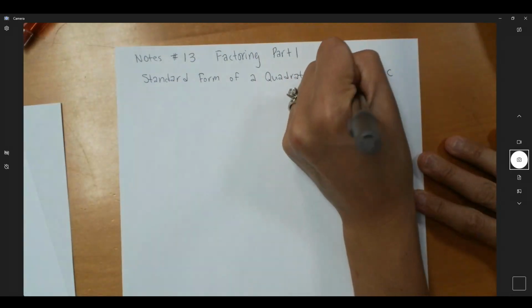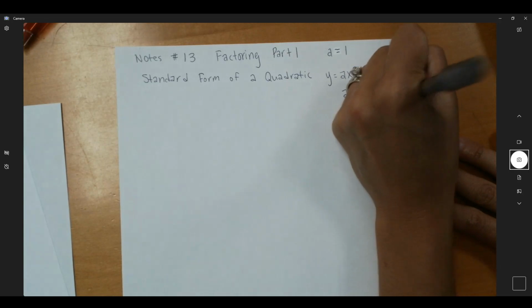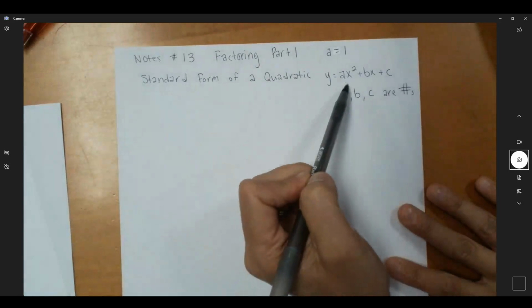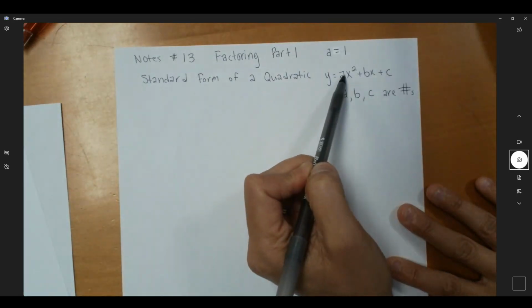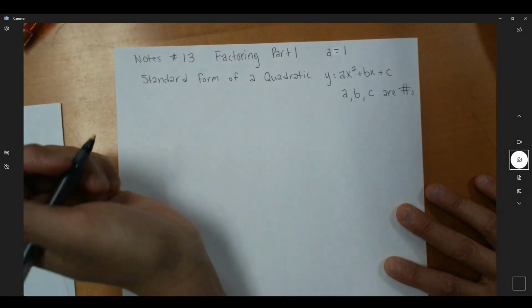A, b, and c are numbers. And then y stays there, x squared stays there, x stays there. It's a, b, and c that are the numbers. Okay, so basically for a equals 1, this part is always going to be either not there or say 1. So it's always going to be y equals x squared and then something going on.